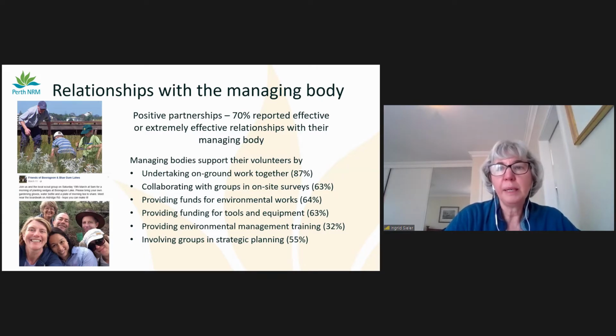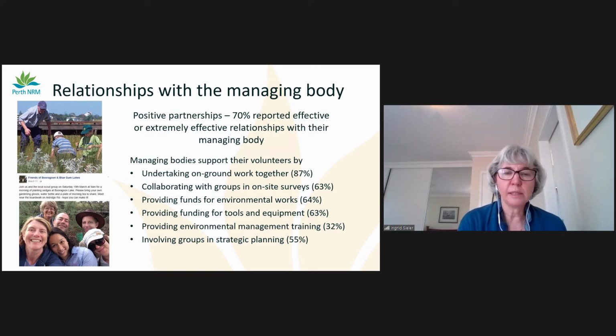In terms of looking after their natural areas, most of the groups reported that they had an effective or extremely effective relationship with their managing body, mostly the local government authority or the Department of Biodiversity, Conservation and Attractions. The support they received was to undertake on-ground work together, with 87% collaborating in on-site surveys.